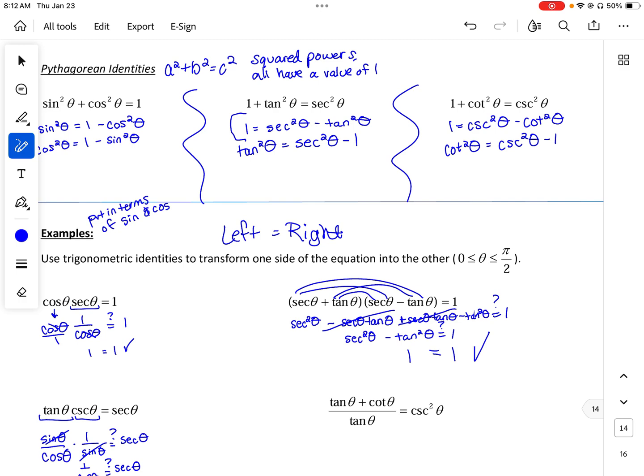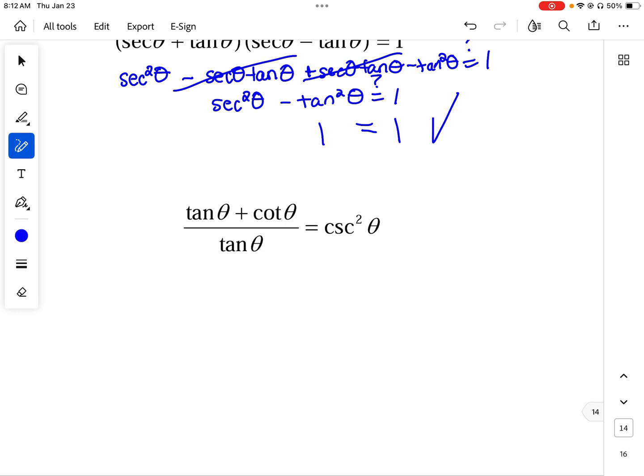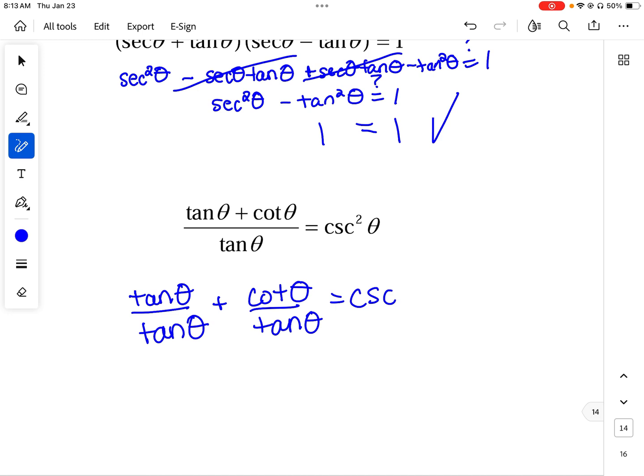All right, let's look at the next one. This is division, but we have addition between them. So we want to kind of break this down. So I'm going to break it down to be tan theta over tan theta plus cotan theta over tan theta. And then I'll keep the cosecant squared theta.